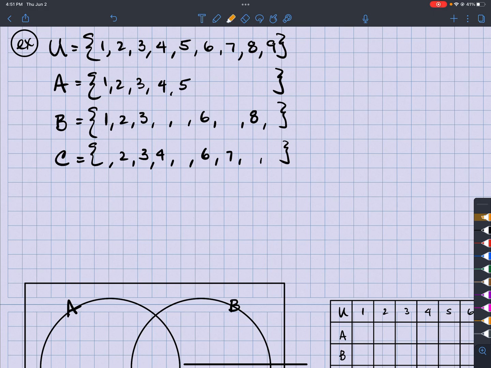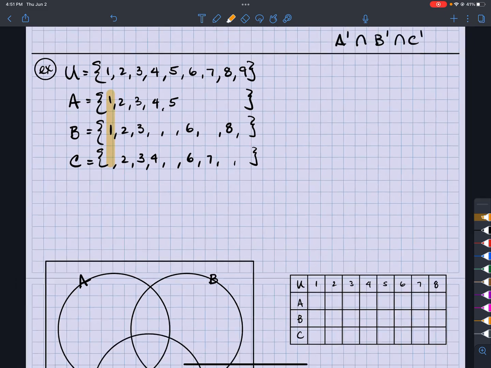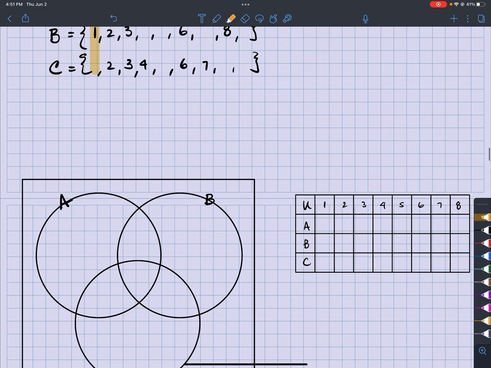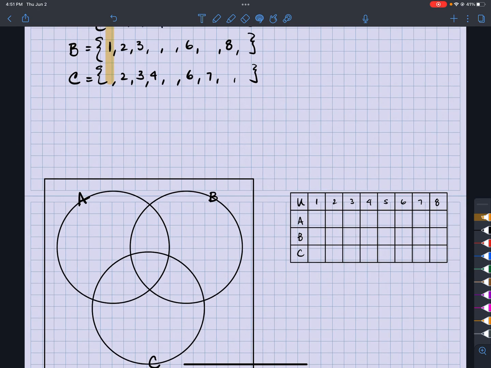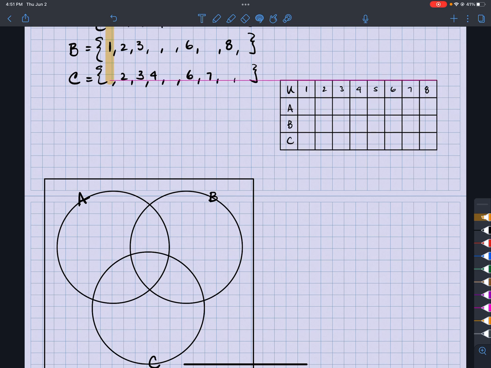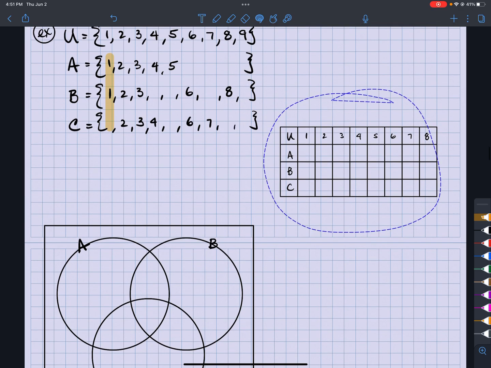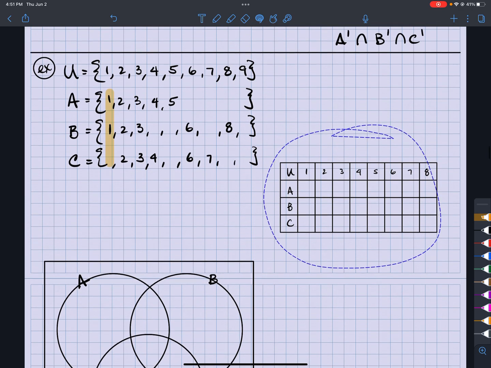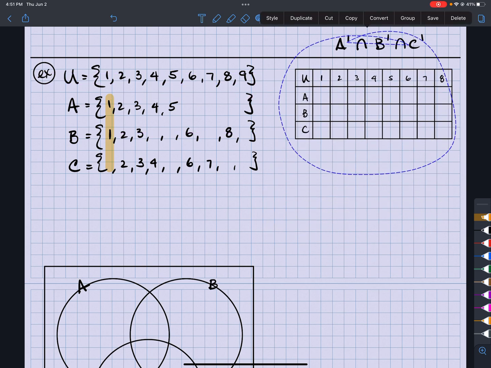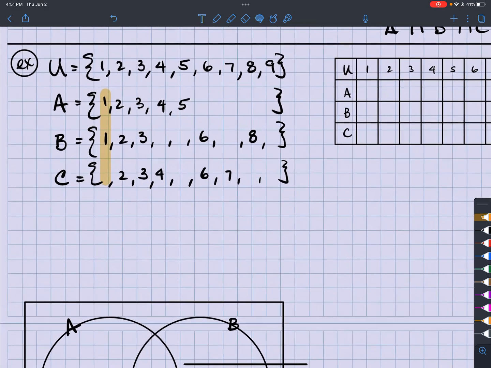All right, so if we look at this, we see that 1 is shared by A and B. So now you can either do it this way. Another thing to do is to kind of make a chart so that you can put everything together if you want to. But you don't have to do that, because if you lined it up this way, you will see everything as well. Okay, so it's something to think about.